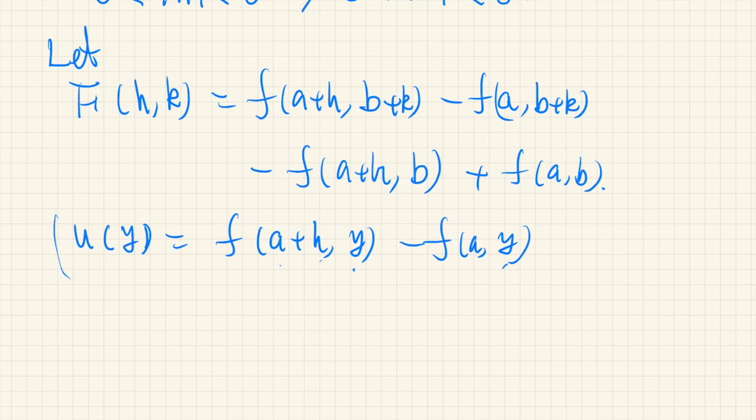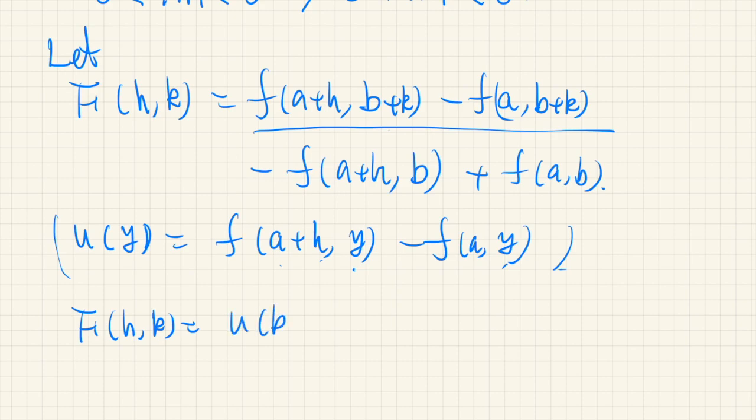If we use this function, then f of h, k becomes, so this part is u of b plus k, right? So y is b plus k in this case. And for this part, that is minus, so this is a plus h, so this is u of b.